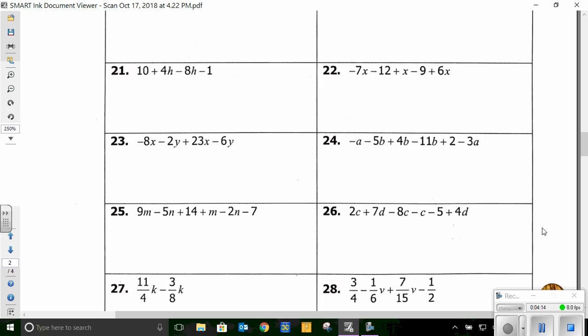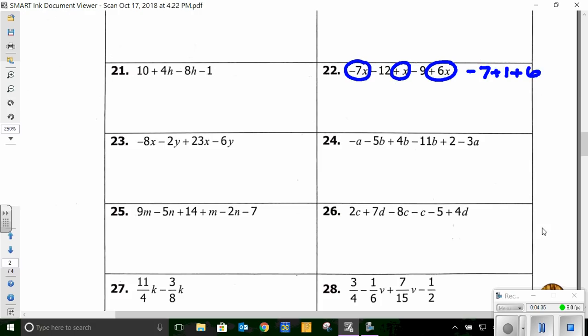On number 22, when I combine all of my terms with variables, I have a negative 7x, I have a positive x, and I have a positive 6x. This, again, is like saying negative 7 plus 1 plus 6.